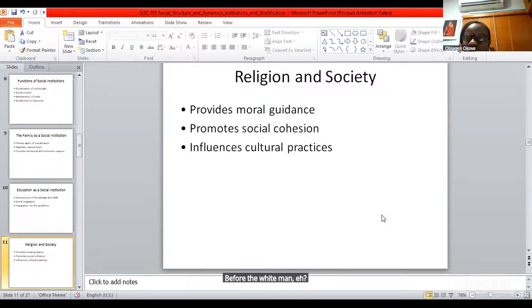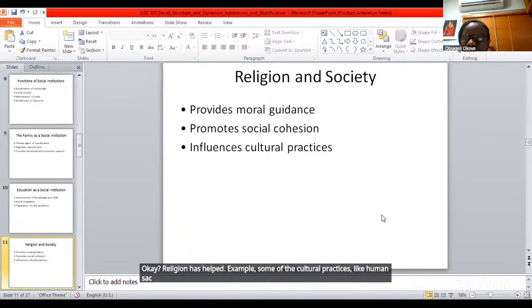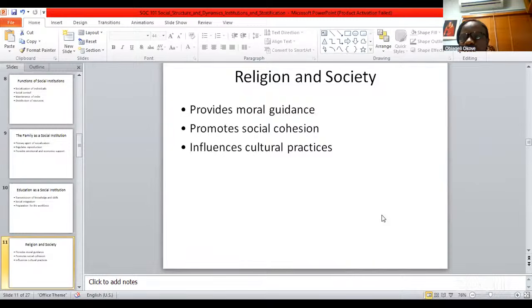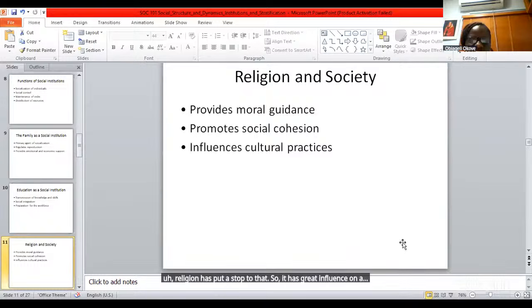Because of that, the new religion has influenced the cultural practices of the people. There are so many things that the people were doing in the past that they no longer do because of the influence of religion. Example, some cultural practices like human sacrifices. Religion has put a stop to that. So it has great influence on cultural practices.